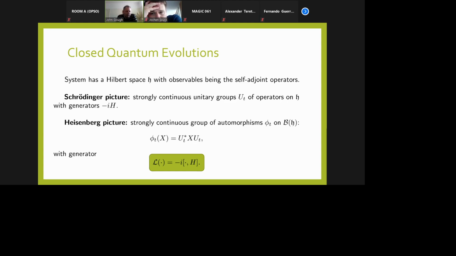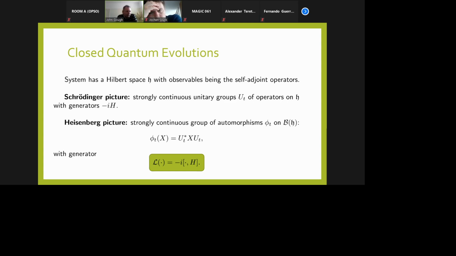However, we can also look at the Heisenberg picture where the states are fixed, and instead we consider the observables, or more generally operators, as evolving. So in this case, the evolution is given by effectively an automorphism, and it'll be a family of automorphisms phi_t, which corresponds to unitary conjugation of an observable with the same unitary U_t occurring in the Schrödinger picture.